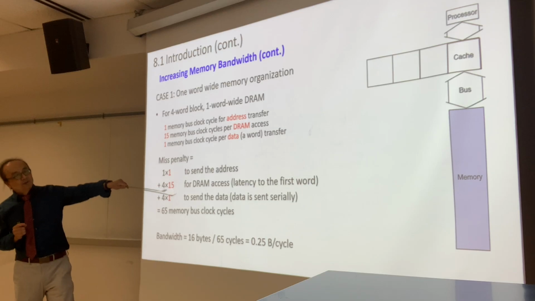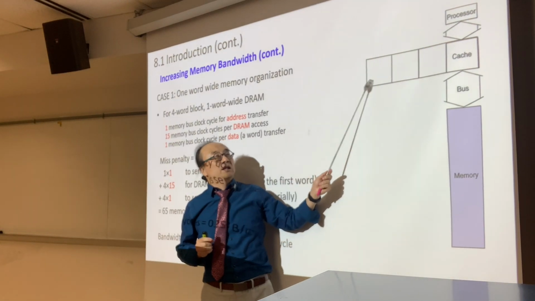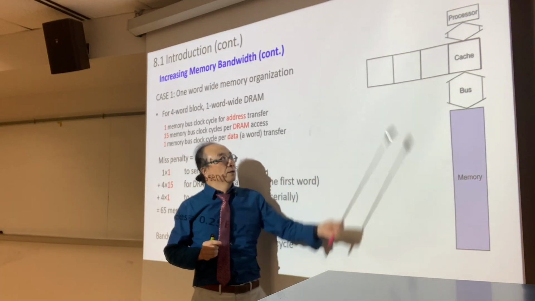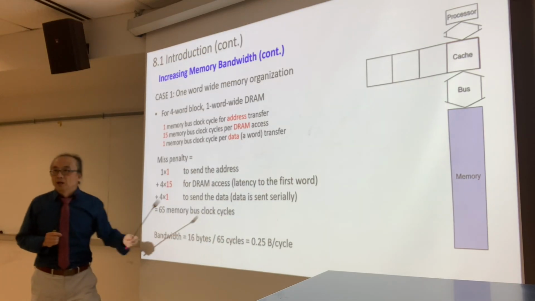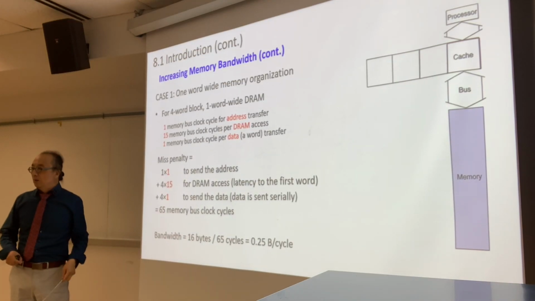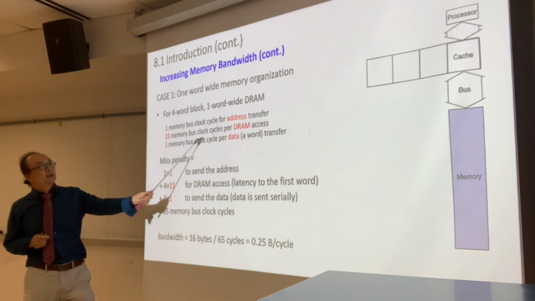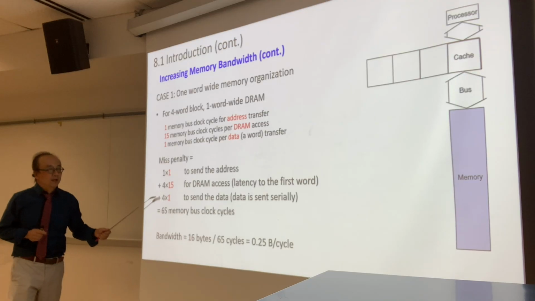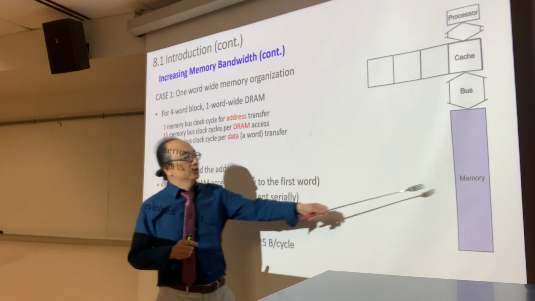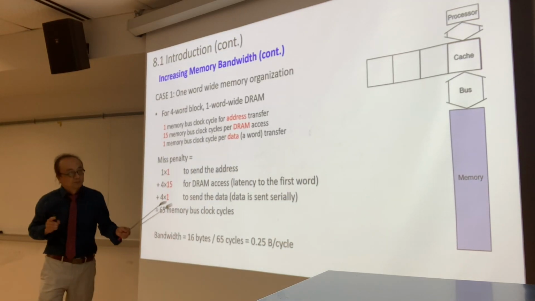The next one, DRAM access. Since we have 32-bit and 4 times of 32-bit, we have to access it here, here, here, and here. Okay? So we need to go through the cache first before getting into main memory. Therefore, we need to have 4 times 15 clock cycles as a penalty. And then when you get the hit going from here to here, that's going to happen only once.